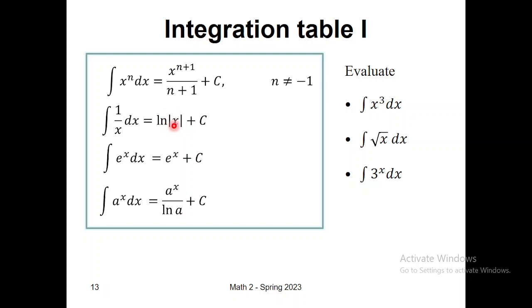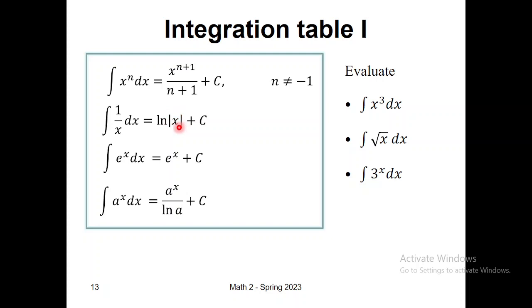We write it as ln modulus x in order to get a function whose domain is equal to the domain of 1 over x, because ln x only has a domain which is the positive reals, but 1 over x has a domain which is R minus 0, both positive and negative. So we write it as ln modulus x.